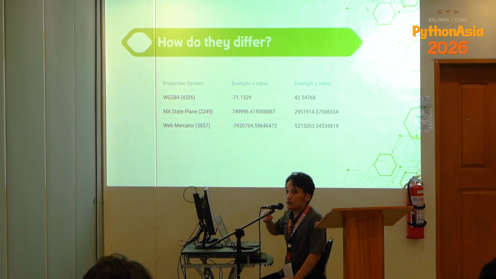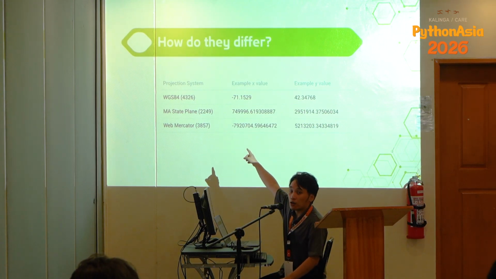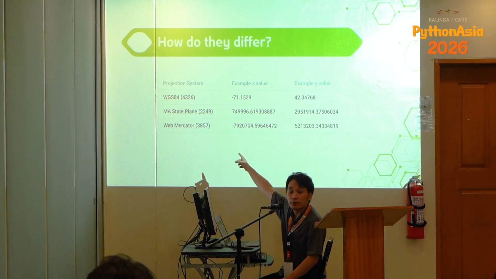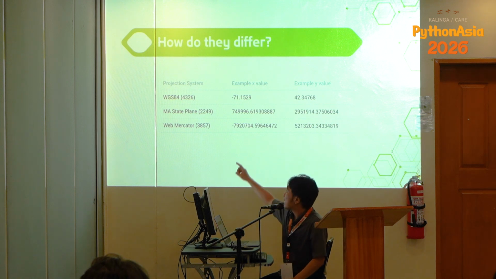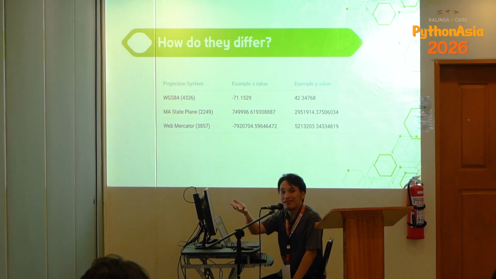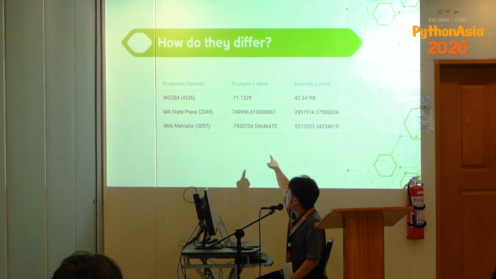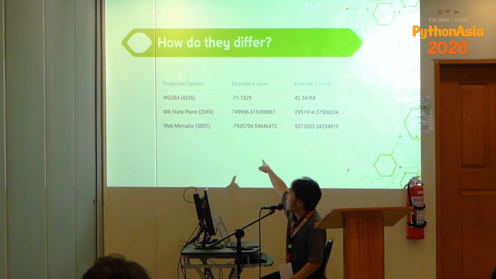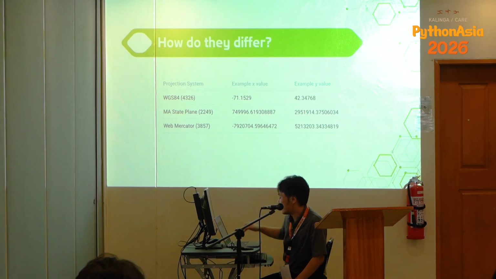Because if you're training a machine learning model, and all of your coordinate systems are in WGS84, and you have a learning rate of 0.001, that is only 0.001 of degrees. You're only as accurate as maybe 1 kilometer, 2 kilometers, 3 kilometers, right? But if your coordinate systems are in meters, for example, the state plane or the Web Mercator here, then you can be as accurate as 0.001 meter, in a centimeter or millimeter even.